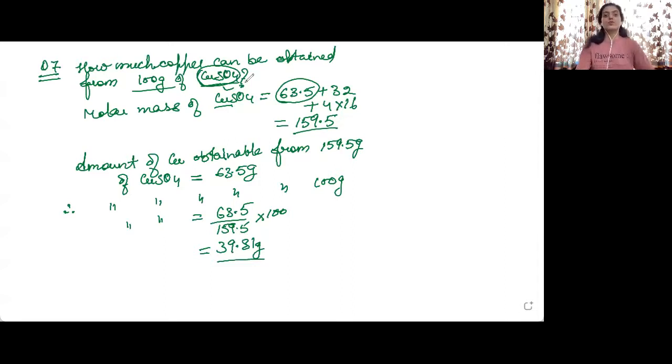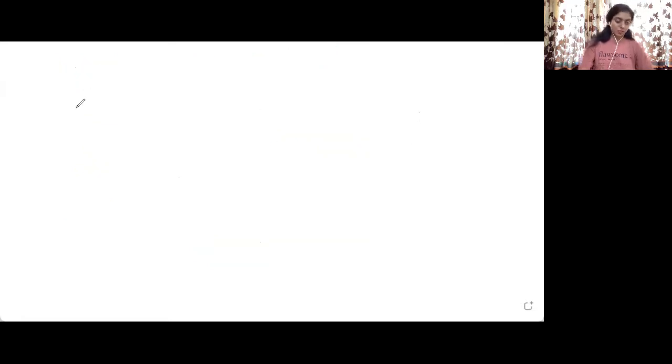Now next, let us move into the 8th question of that very chapter. I'm just again clearing my screen off so that I can write the next question for you. Okay. So question number 8.